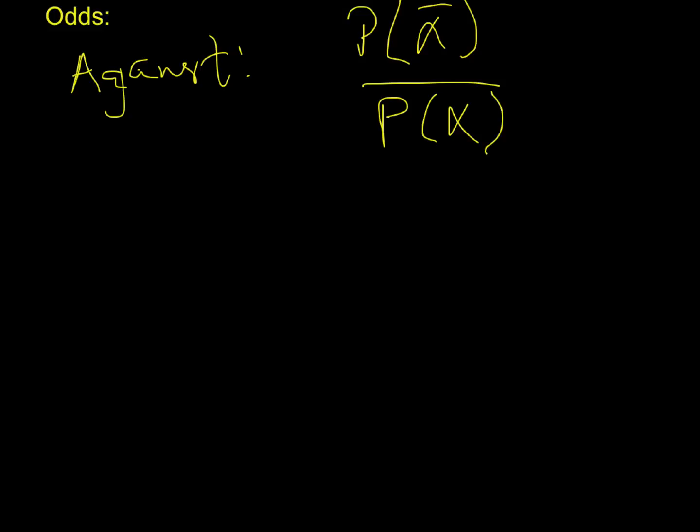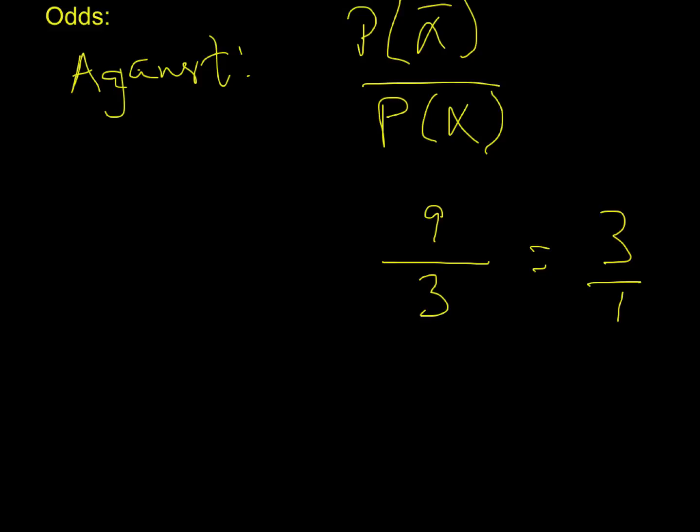So using my last marble example, if I had 3 reds out of 12 marbles, that means I have 3 in the denominator and 9 other marbles in the numerator. So that reduces to 3 over 1.